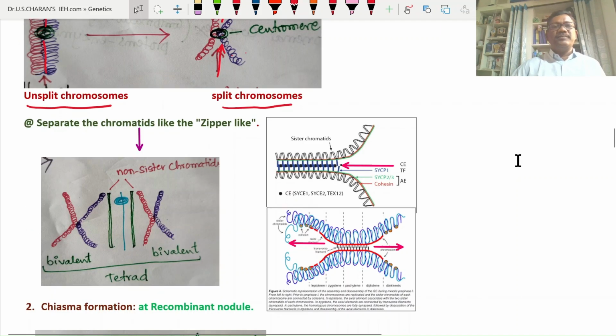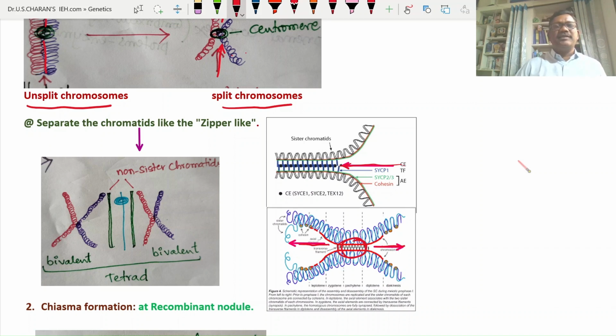This separation of chromosomes is in a zipper-like manner. In mammals, the separation starts at the ends and proceeds toward the centromere region. But in some other organisms, it is observed that the zip opening starts at the middle, the centromere region, and extends toward the telomere region and the ends of the chromosomes.